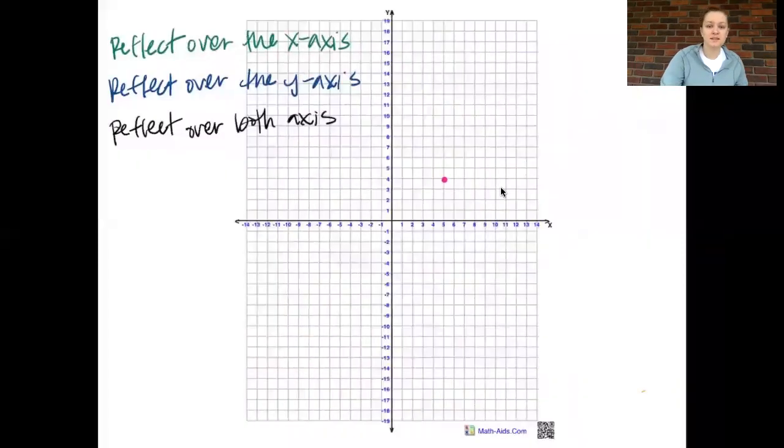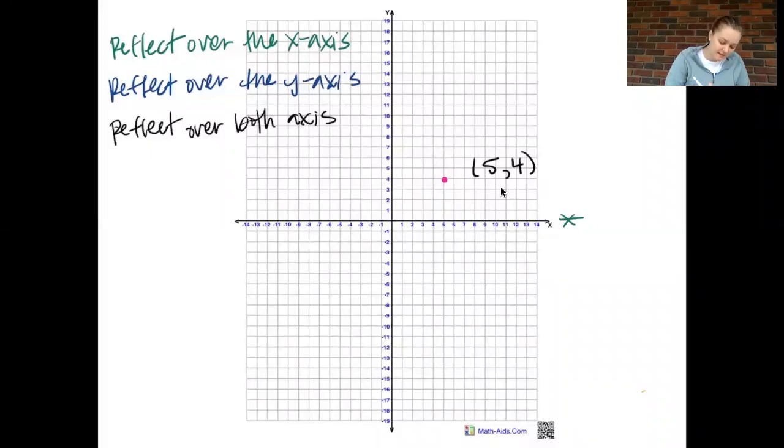So let's take a look at this pink point that we looked at in our last video. We saw that it was at 5 and 4, right? Those were the coordinates. So if I were to reflect it over the x-axis, my x-axis is right there. So I want its image to be the same distance away on the other side of that x-axis.